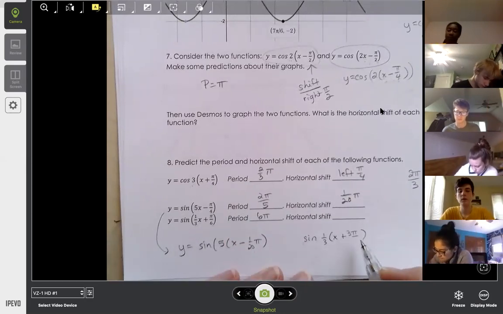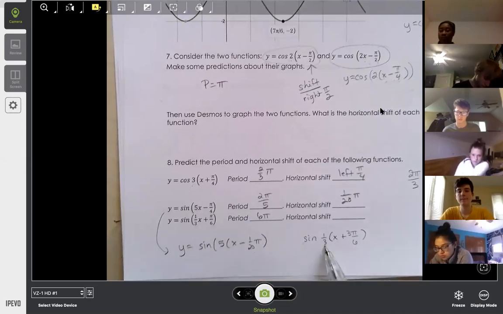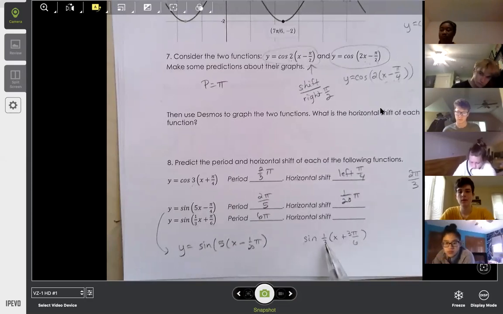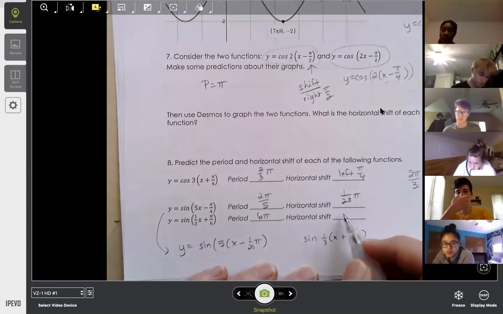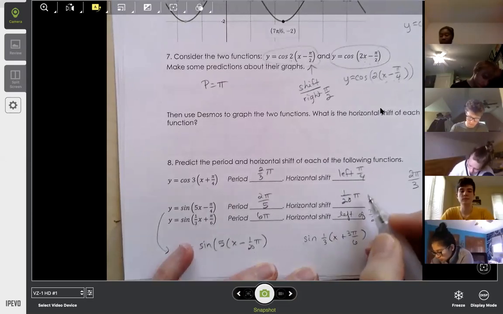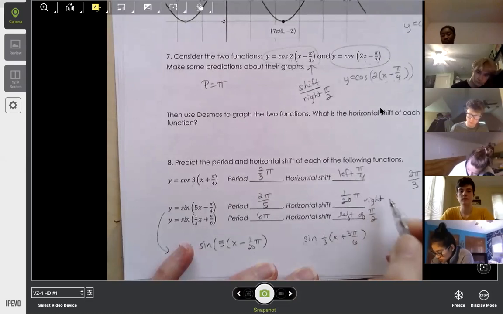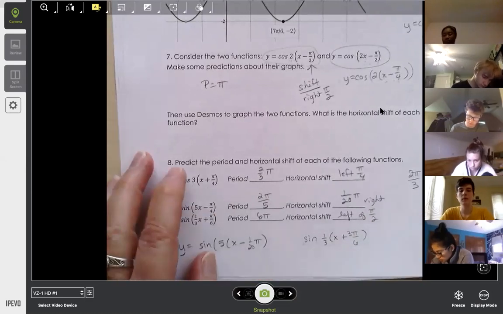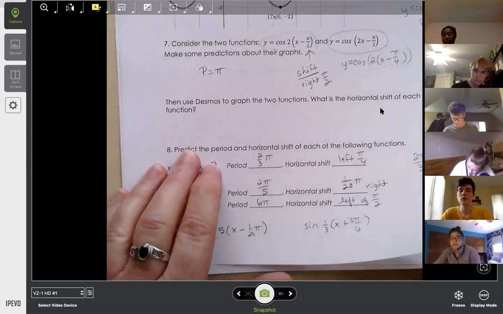Well, if I had a 3 here, when I multiplied, the 1/3 times 3 would cancel, and I would just have pi over 6. So 3/6 pi, which is pi over 2. So it's going to be a shift left of pi over 2. This is a shift right. Forgot to say that.